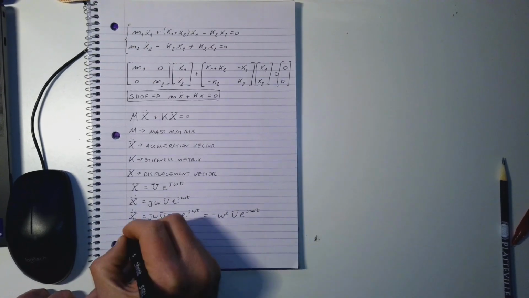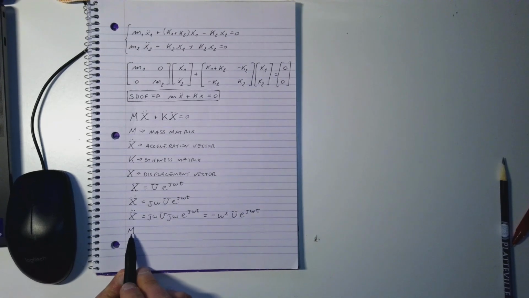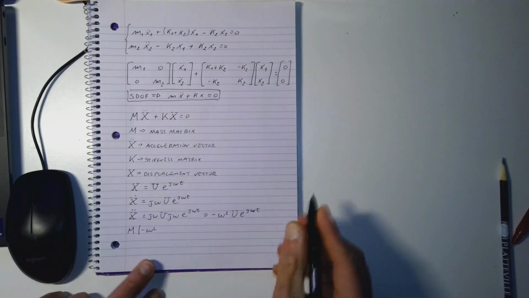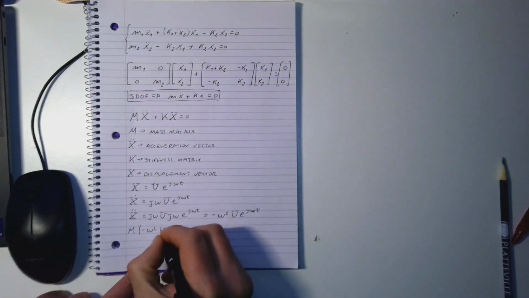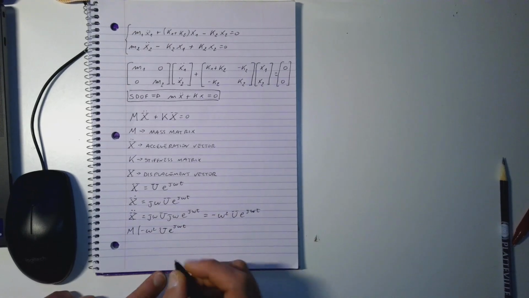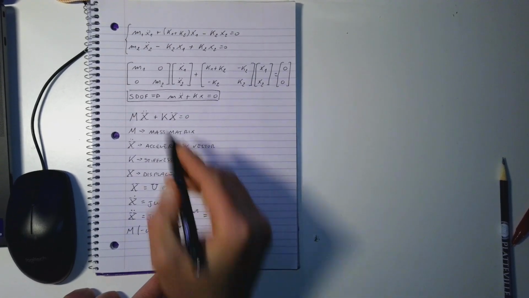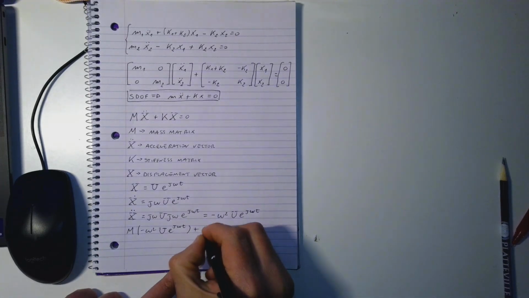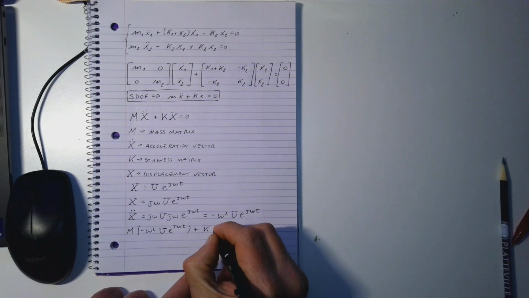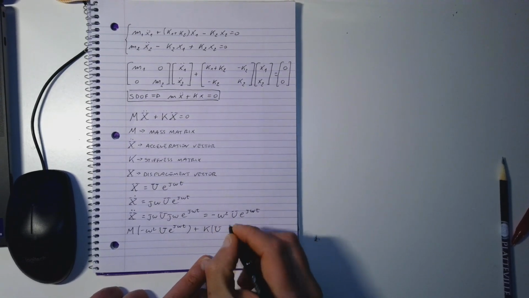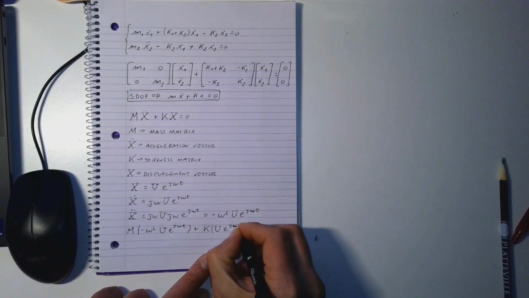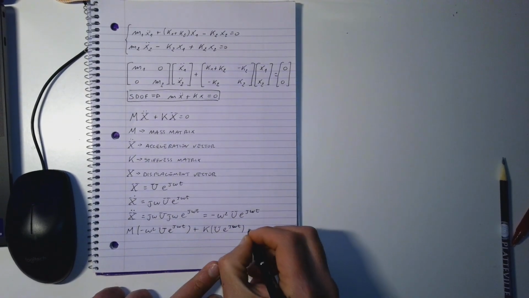So what we have is M, again this is the mass matrix, times negative omega squared U times e to the power of j omega t, plus K, which is this K here, times x, which is what we have here, so U e to the power of j omega t, equal to 0.